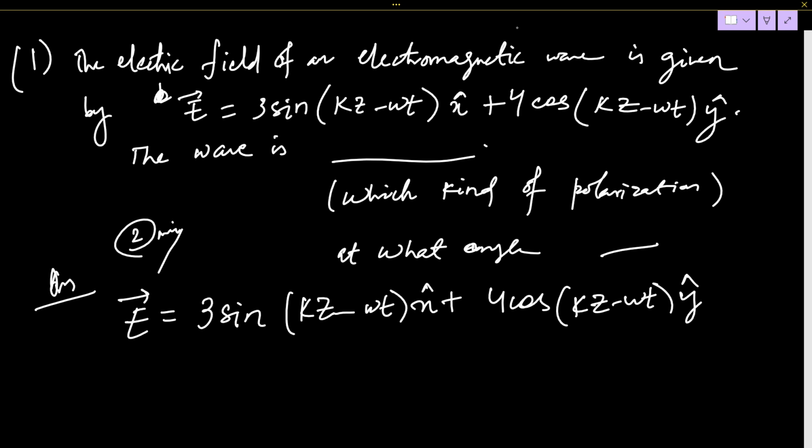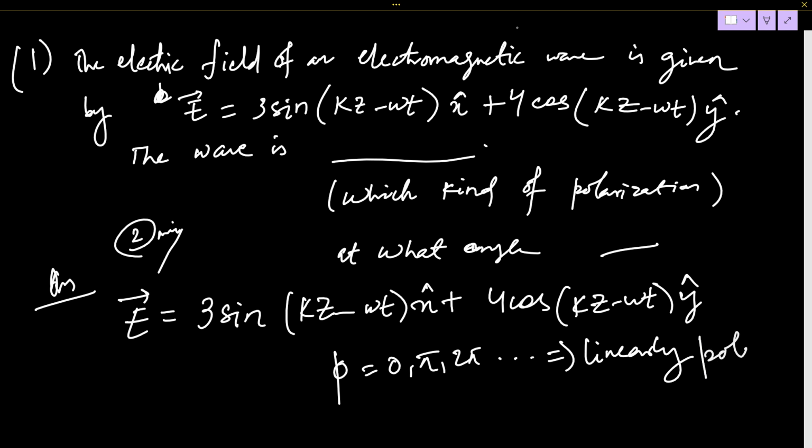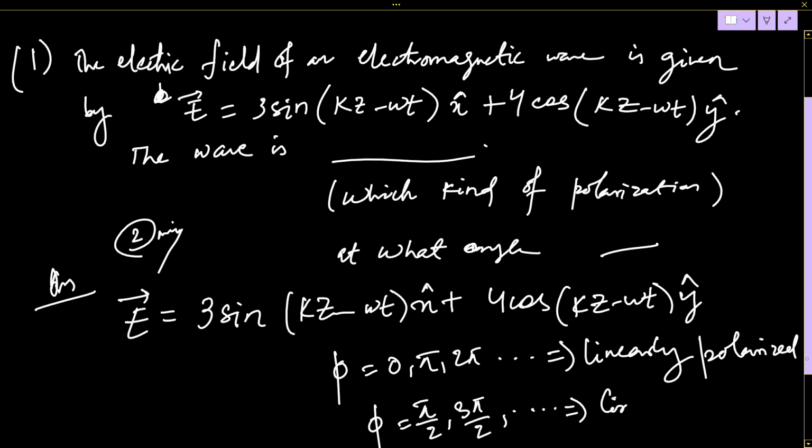We have seen the conditions of polarization: if the phase is 0, pi, 2 pi etc., it is linearly polarized, or plane polarized. But if the phase is pi by 2, 3 pi by 2 etc., it is circularly polarized.